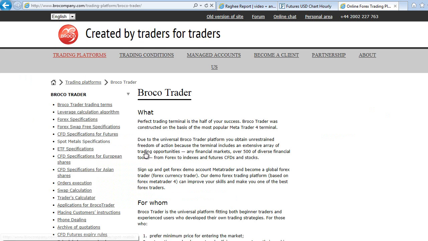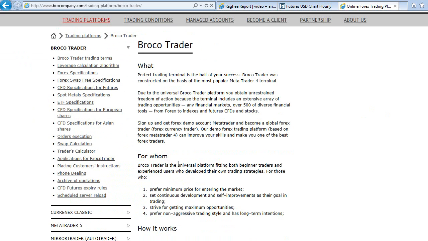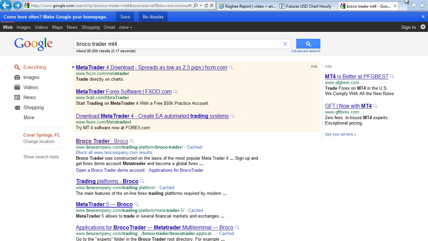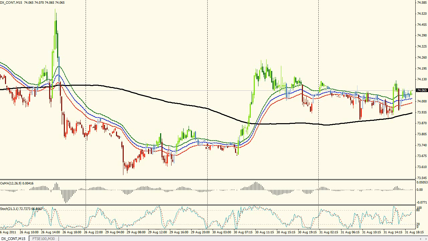This is basically a version of MT4 that does have futures, and I have downloaded it just to confirm. So here's an example of the Broco Trader 4.0 that, like I said, actually my best friend's husband told me about after he scoured the web looking for just an alternative. And here's actually the dollar index continuous contract.